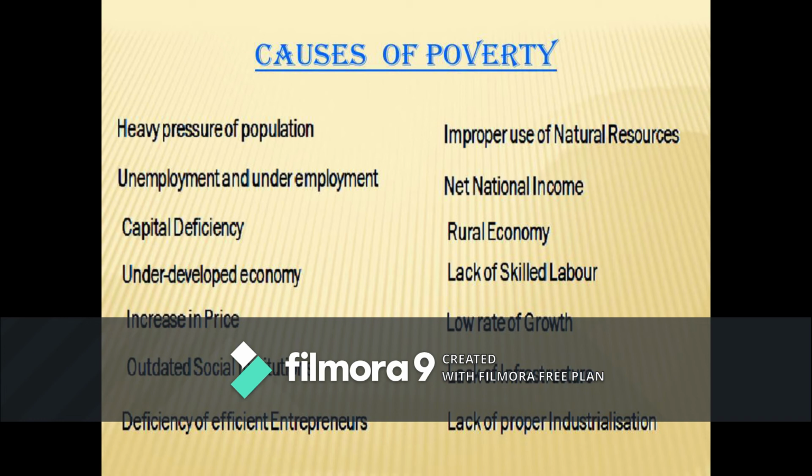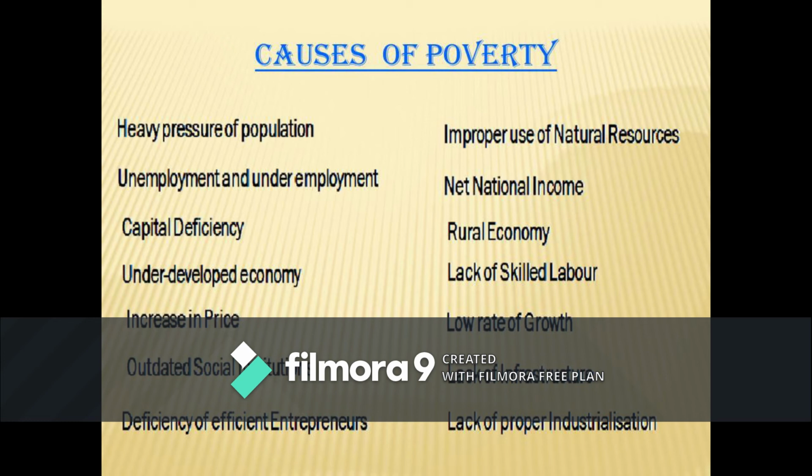Next is underdeveloped economy. Increase in prices of the items which are useful in daily needs. Outdated social institutions, which are coming from previous decades, whatever technology was used then, they are still using the same technology, that is called outdated social institutions.